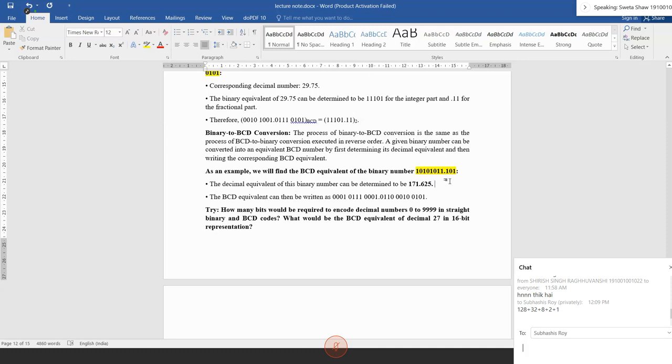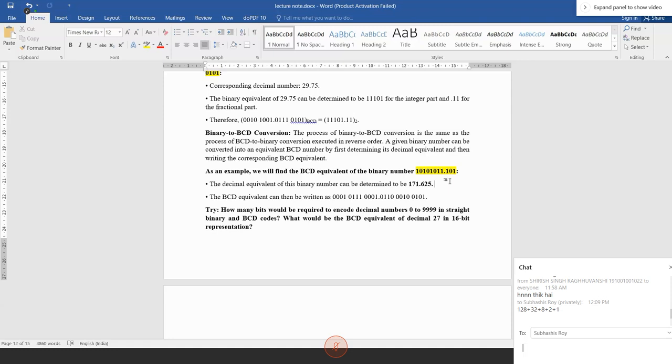Hello sir, BCD code can only be found out for decimal numbers. This is not actually true, but as we already know, you can convert any number to any number system, right? Suppose I give you a hexadecimal number and ask you to convert it to BCD.